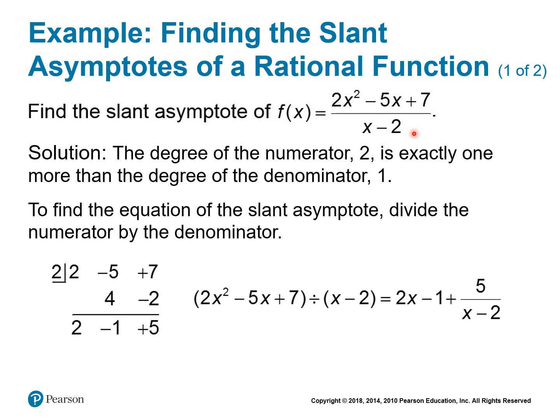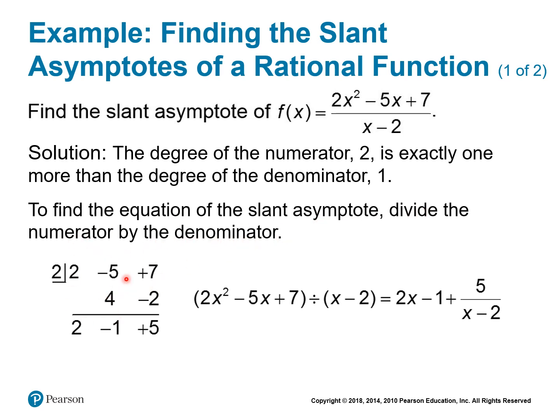Whatever quotient we get after dividing the numerator by the denominator will be the equation of the slant asymptote. So the solution stated here says the degree of the numerator is 2, which is exactly 1 more than the degree of the denominator, which has the leading exponent as 1, right? Now to find the equation of the slant asymptote, divide the numerator by the denominator.